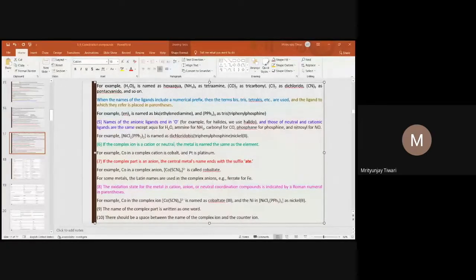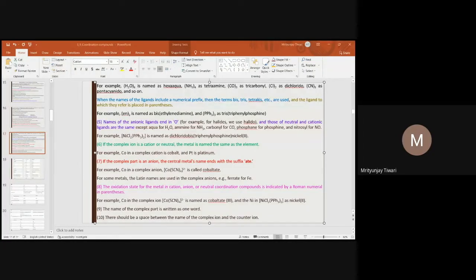We write their names as they are, except for a few cases, as you can see in some examples: aqua for water, ammine for ammonia, carbonyl for carbon monoxide, the CO group, phosphine for phosphine, and nitrosyl for NO.